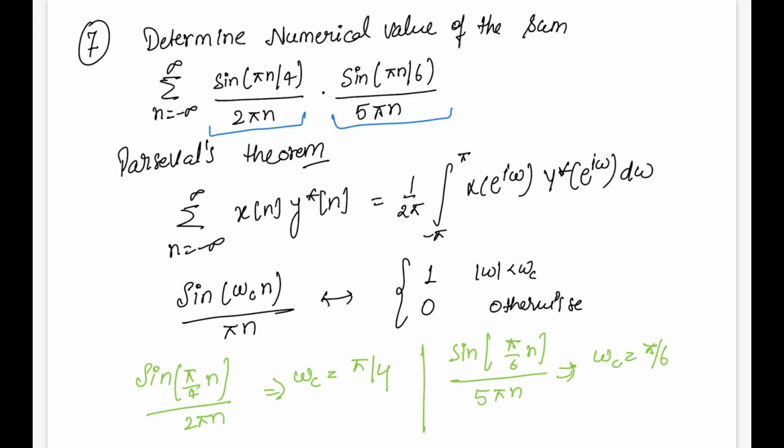So it will be more clear when I draw their plots in the frequency domain. This sinc is of magnitude 1 by 2. So I can write both of them like 1 upon 2 times a sinc function with ω_c equals π/4, and 1 upon 5 times a sinc function with ω_c π/6.